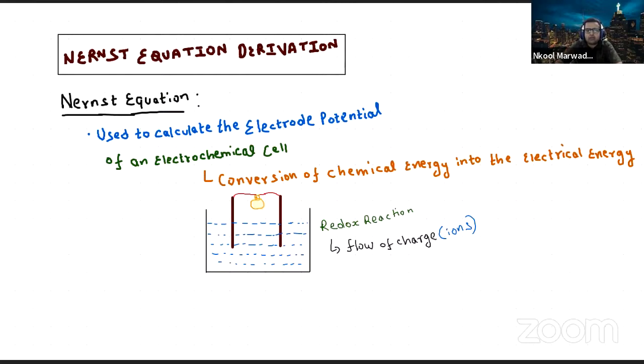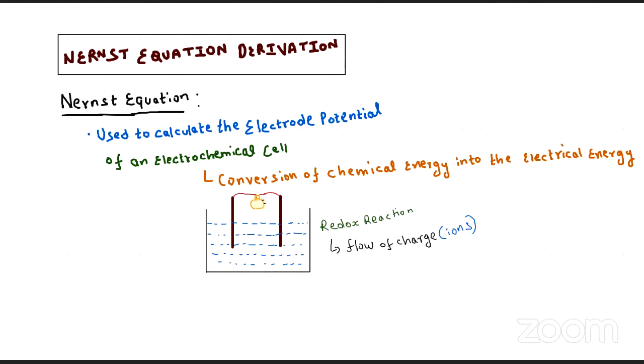Now, what is the electrode potential? Potential difference between the two electrodes. That is what we will be calculating using the Nernst equation.